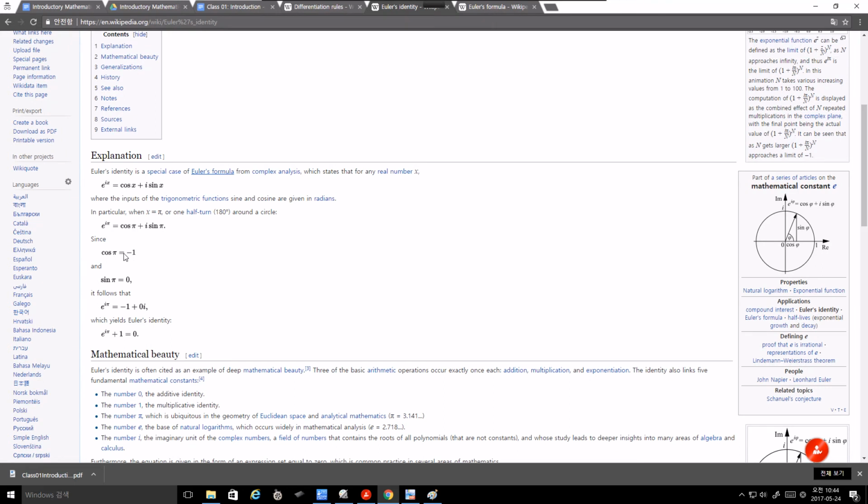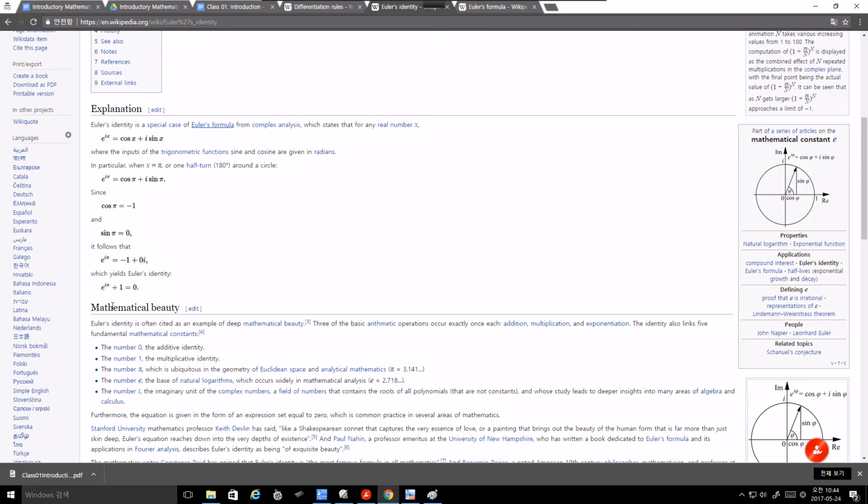Since cosine pi is -1 and sine pi is 0, it follows that e^(i pi) equals -1 plus 0i, and e^(i pi) plus 1 equals 0.